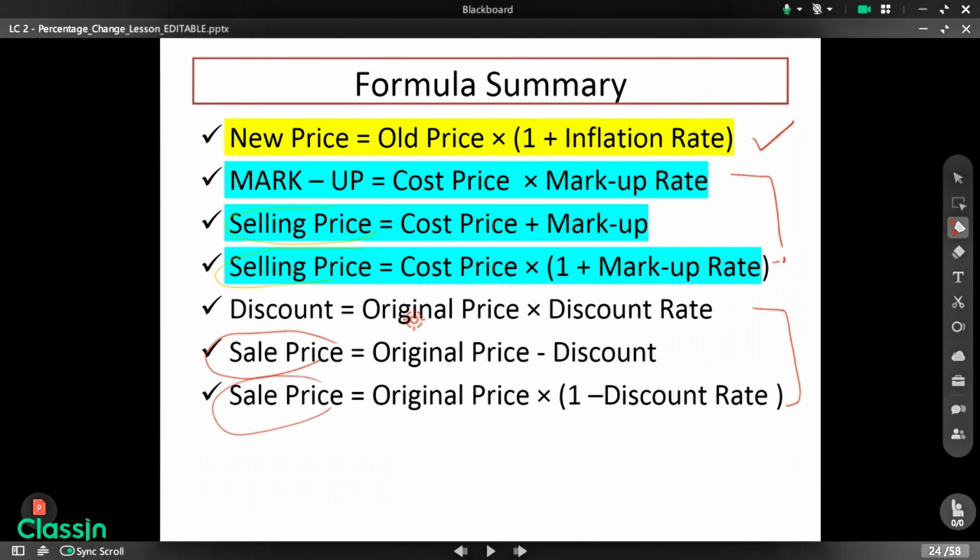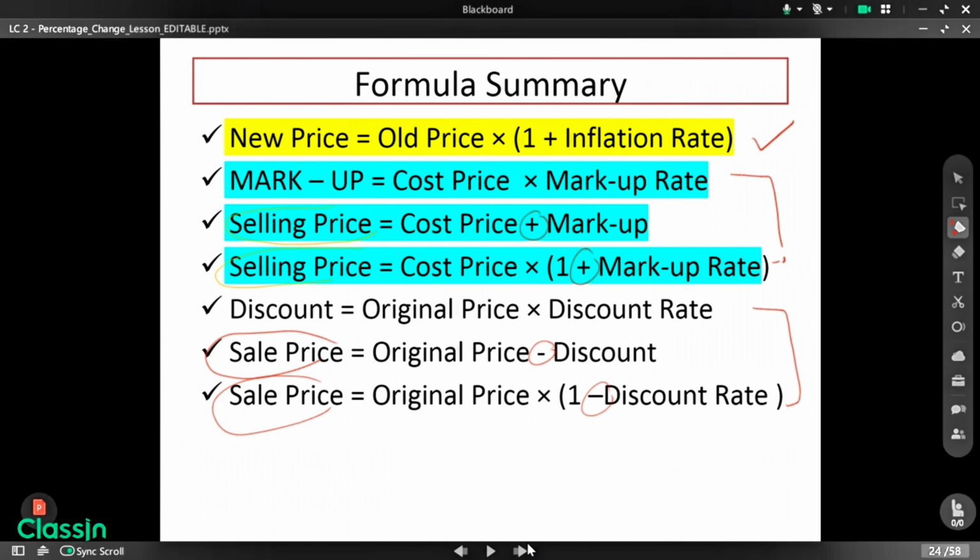In the markup, we tend to use addition, and for the discount, we tend to use subtraction. Why? Because in markup, you tend to add to a certain cost price, and in the discount, we tend to reduce from the original price.